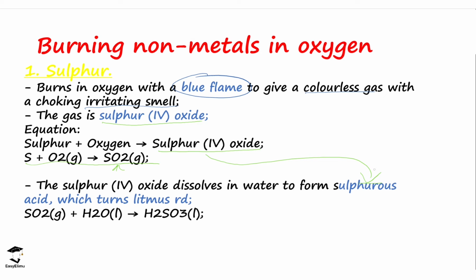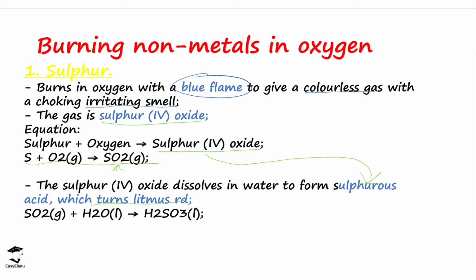This sulfurous acid is acidic in nature. And how can we tell it is acidic in nature? This is because it turns blue litmus paper red, and red litmus paper remains red, which tells us that it is acidic in nature.